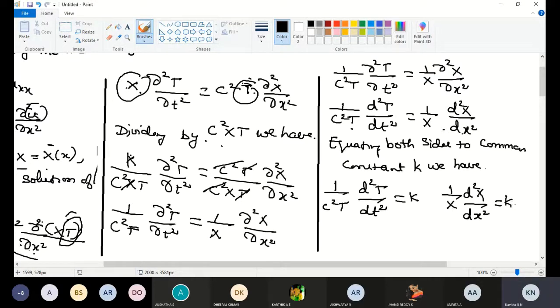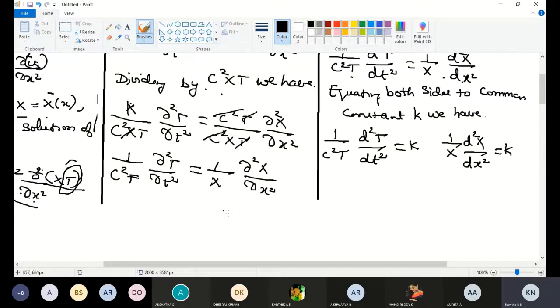Then next, first I will write this term first. Okay, d square capital X by dx square, then X is shifted to the RHS side, is equal to kX. Then take down the second: c square by T is shifted to the RHS side.